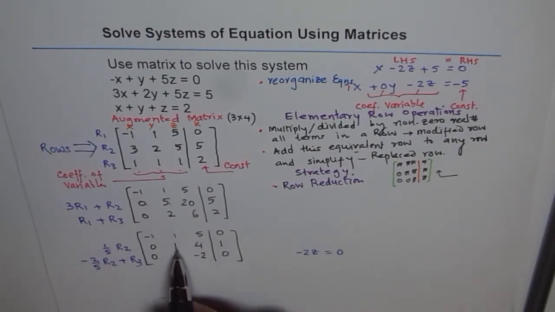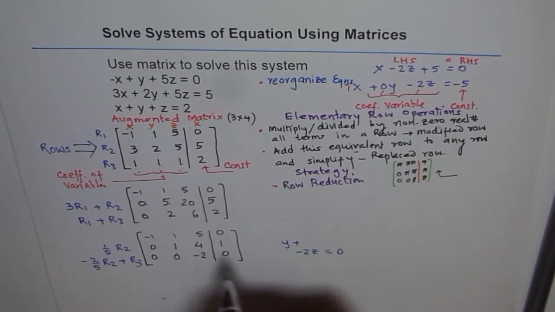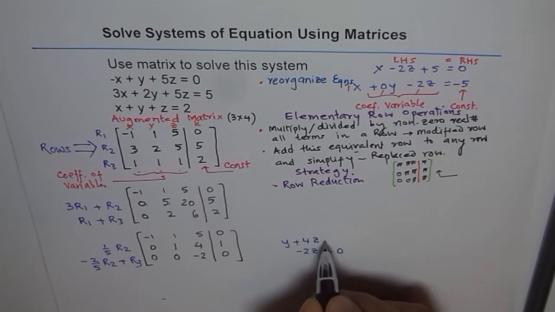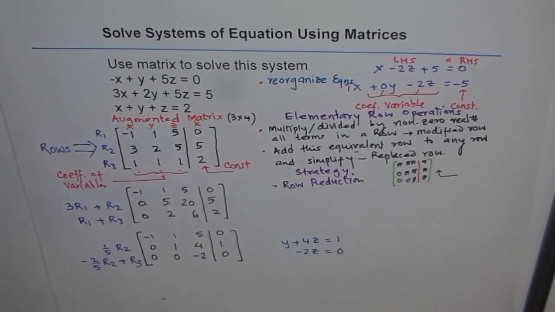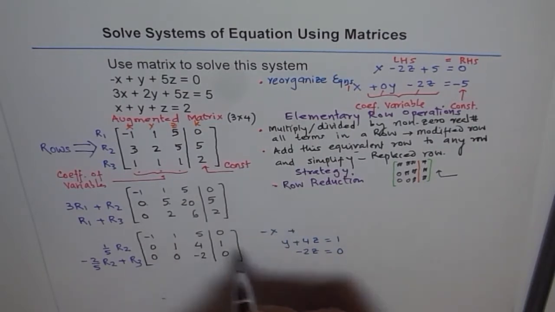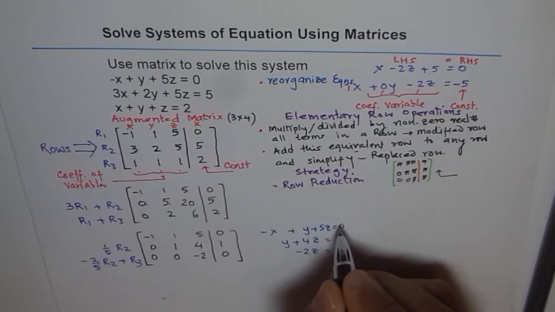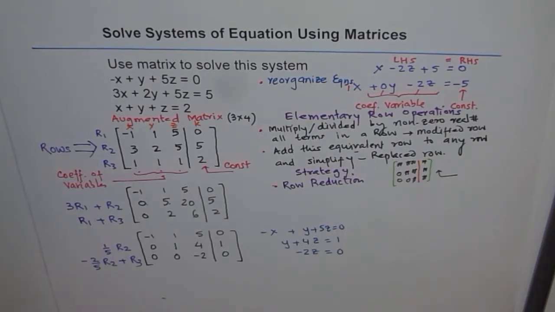So that is my equation from here. And the equation from this place is y plus 4z equals 1, correct? And if I translate row number 1, I get minus x plus y plus 5z equals 0, right? So these are my three reduced equations.